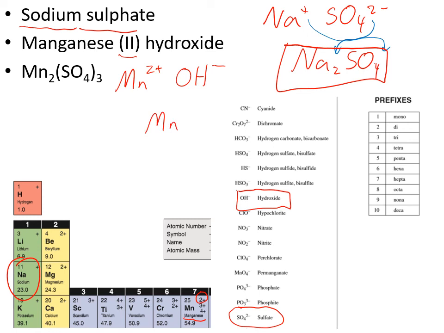Swap and drop, MnOH. Now, we have that OH right there, so it deserves to have the bracket, so it should say Mn bracket OH bracket 2. Okay, and that's the answer right there.